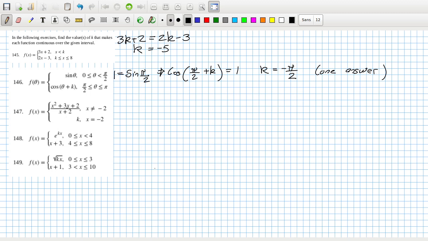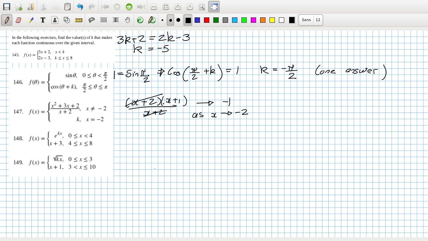Now this one's interesting. This is going to be a removable discontinuity. And so if I just factorize here, x plus 2 times x plus 1 over x plus 2, you can see that when x goes to minus 2, this is going to go to minus 1 as x goes to minus 2.